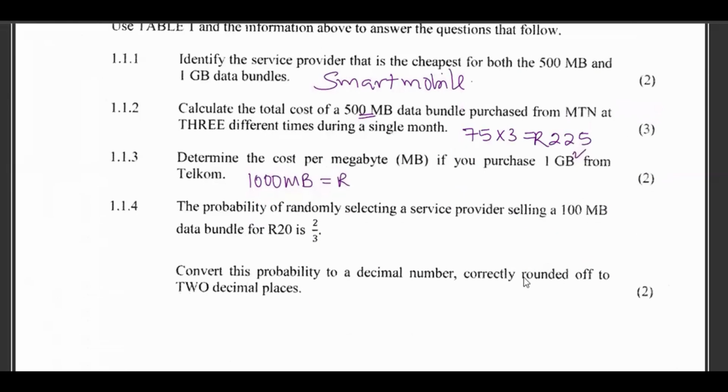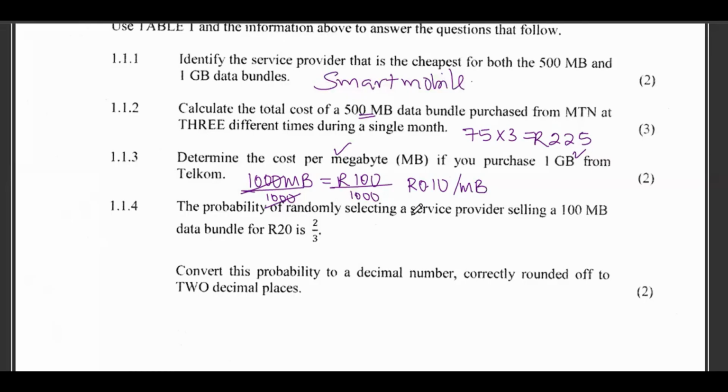So for 1,000 MBs, we have 100 rands. But the question wants cost per megabyte. That means we divide by 1,000. How much will 1 megabyte cost? 100 divided by 1,000 becomes 10 cents per megabyte.